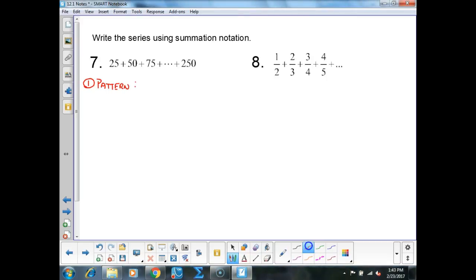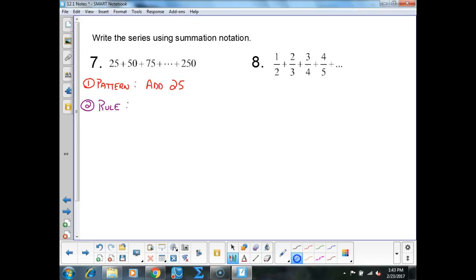What's our pattern? We're adding 25. So my pattern is that I'm going to add 25 each time. So when I go to find my rule, I've got basically two choices if I'm adding 25 each time. That first term gives me an n value of 1, right?